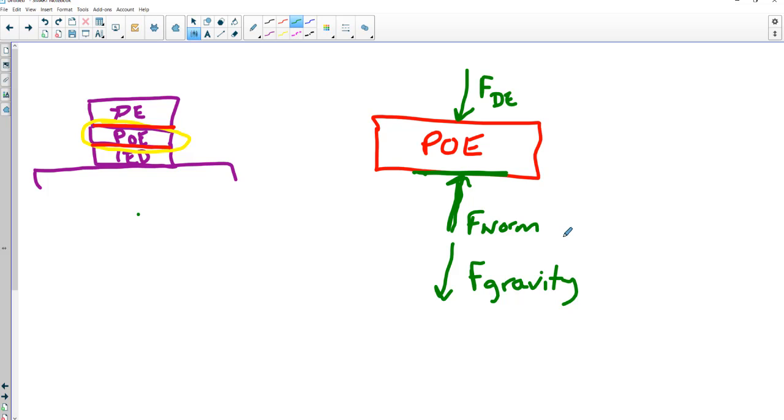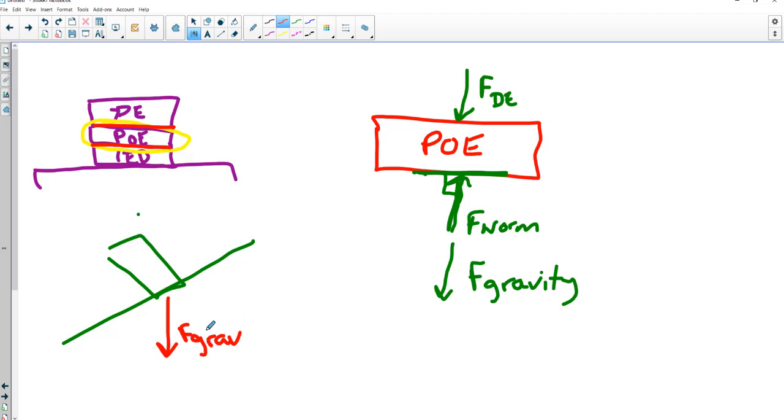It's important that we say it has to be perpendicular, because let's say I had a ramp, and a box sitting on the ramp. Gravity always pulls down on objects towards the earth. So gravity is pulling the box down, but the normal force has to be perpendicular.